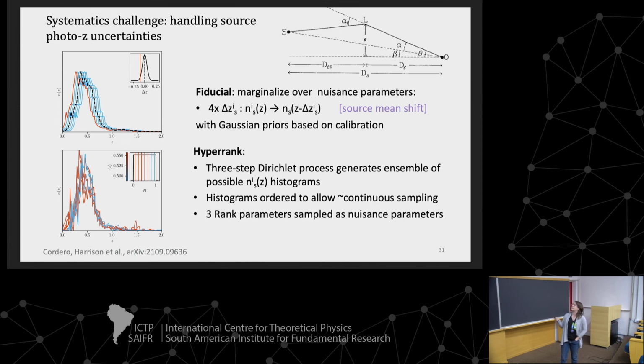In our fiducial analysis, we account for uncertainties by, for each redshift bin, having one parameter that basically lets this N of Z function shift right and left. And we marginalize over those parameters. Another approach that you could take is maybe a bit more principled, where you do a statistical analysis of all the color measurements and what's certain about these N of Z distributions.